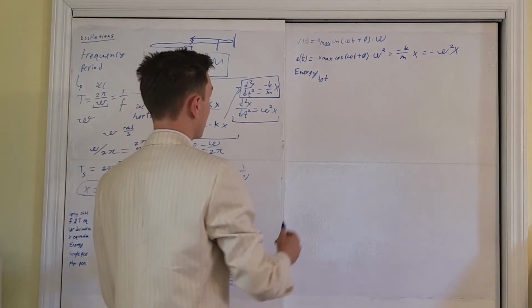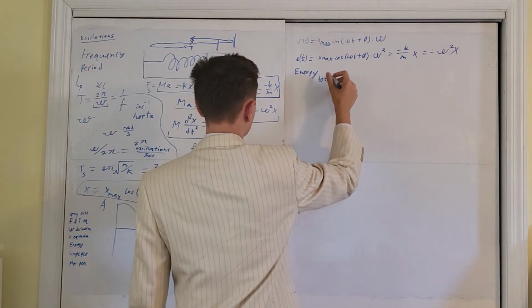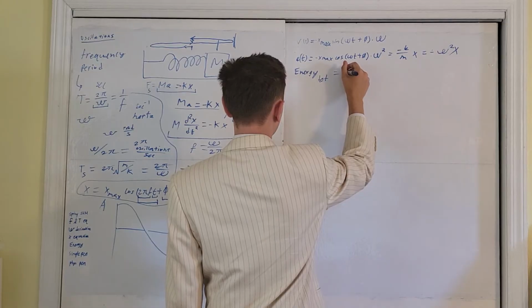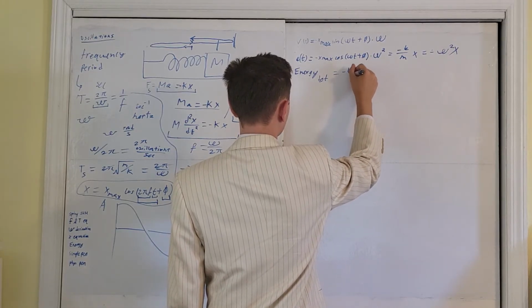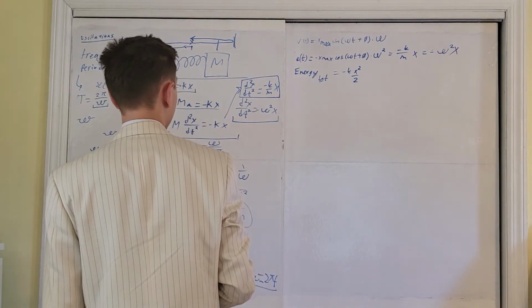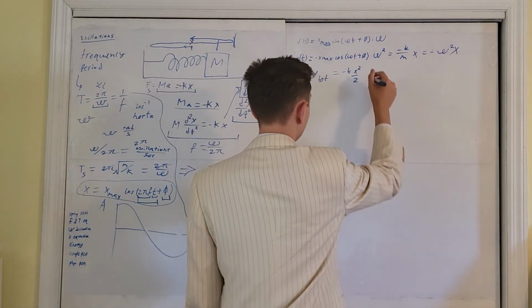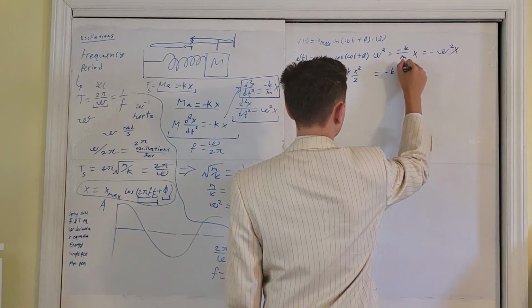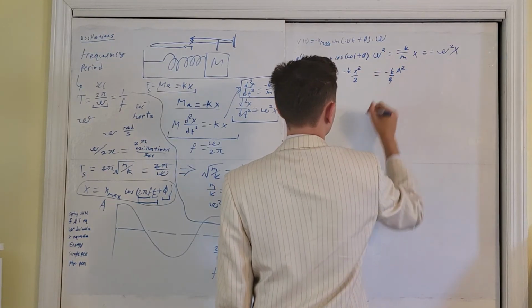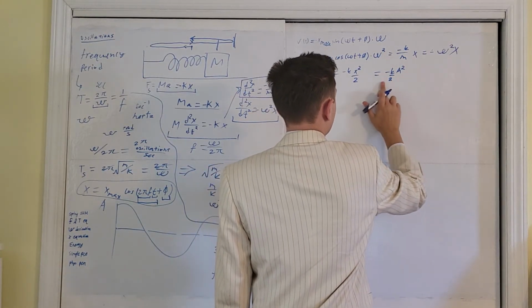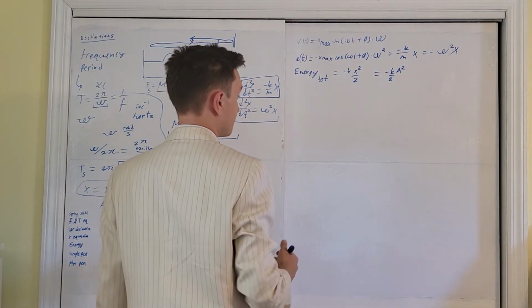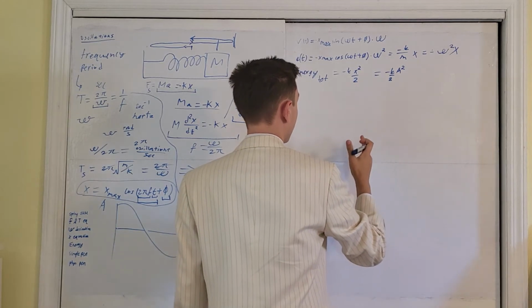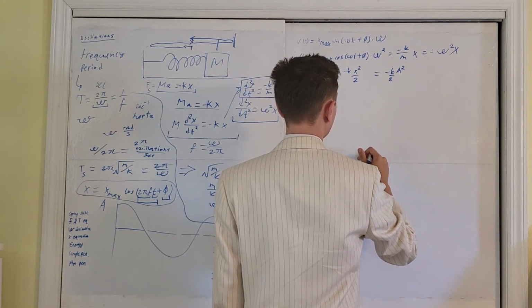Okay? So at the instant of extremum, this is equal to k x squared over 2, where x squared in this case would be your x max, or your amplitude, which equals k a squared over 2. This is one way we can represent the total energy in the spring system, k times our amplitude squared over 2.